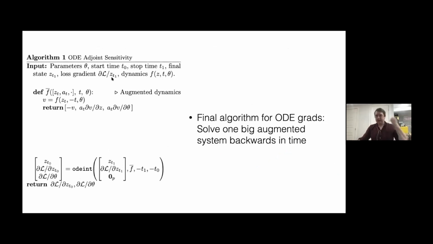And then to compute all the gradients that I need to train the system, I just construct this augmented dynamics that I showed you before. It's the f and then this vector Jacobian product and this other one. And I get all of the answers by just starting my augmented state at the final time point and then running a big ODE integration backwards in time.